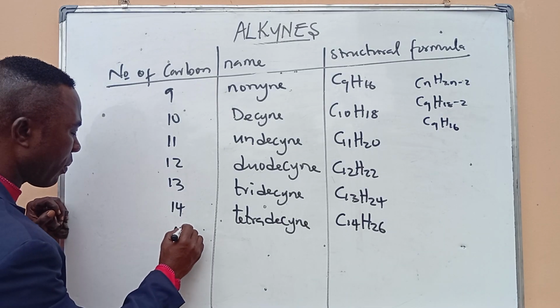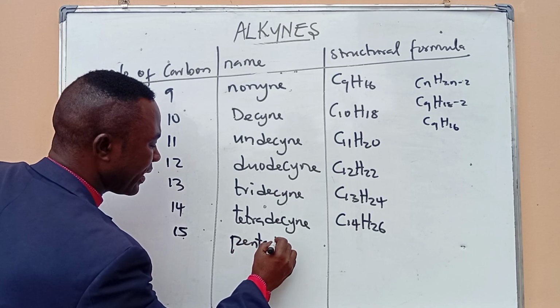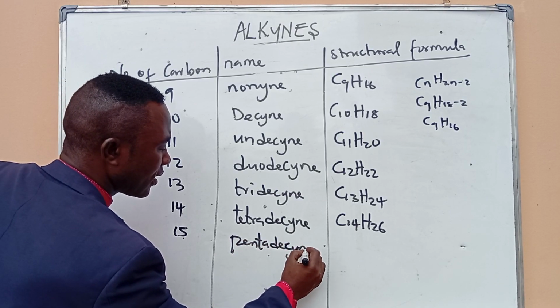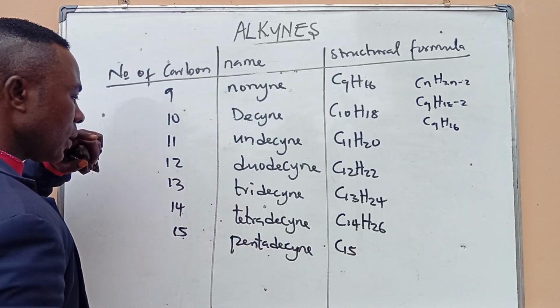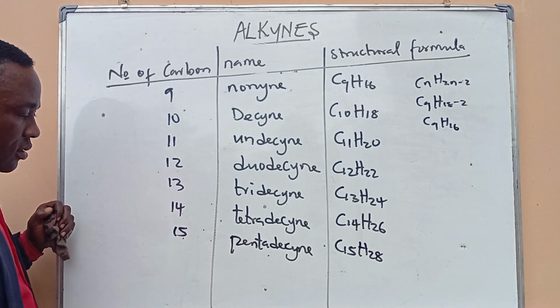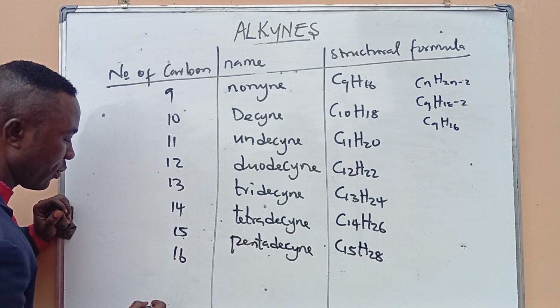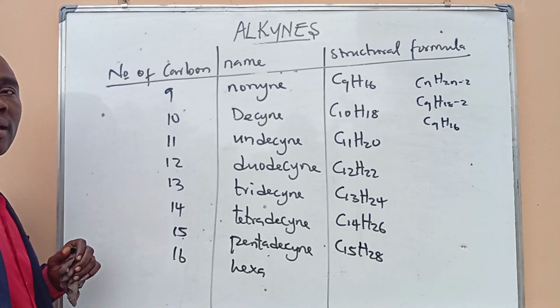Now we have number 15, pentadecyne. Pentadecyne is C15H28. The next, number 16, is hexadecyne.